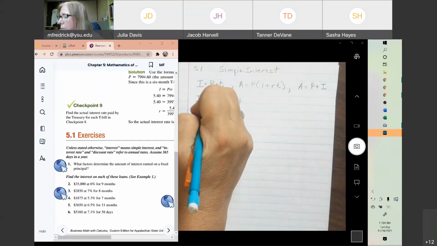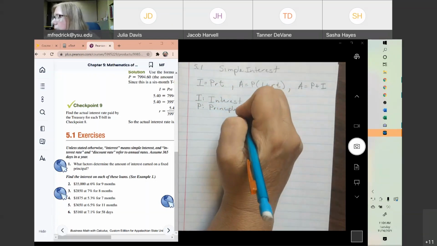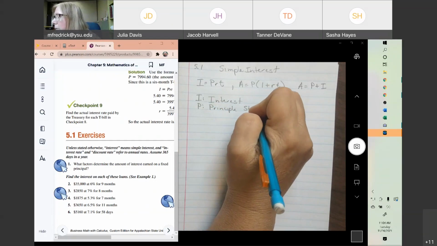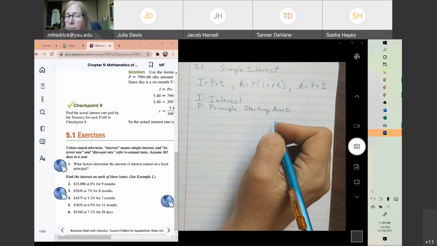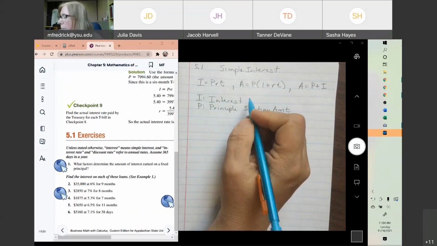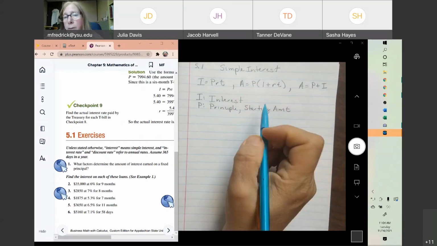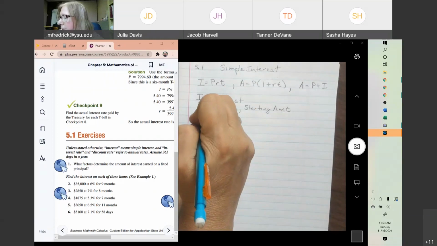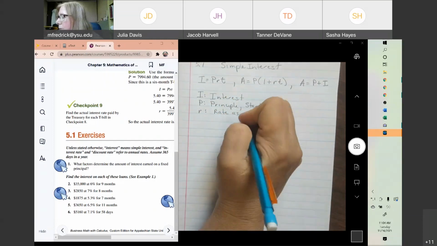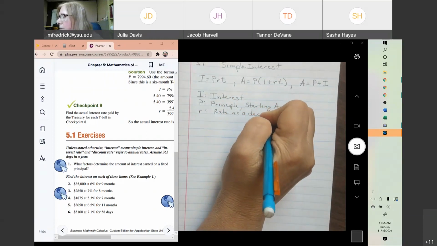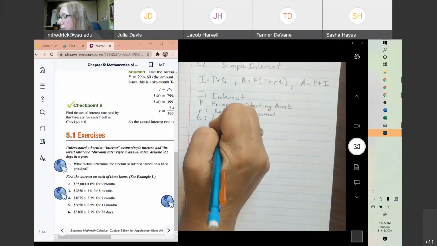P is the starting amount or the principal. If it's a loan, it's the amount of the loan. If it's a savings, it's how much you put in to start. R is the rate as a decimal. T is time in years.